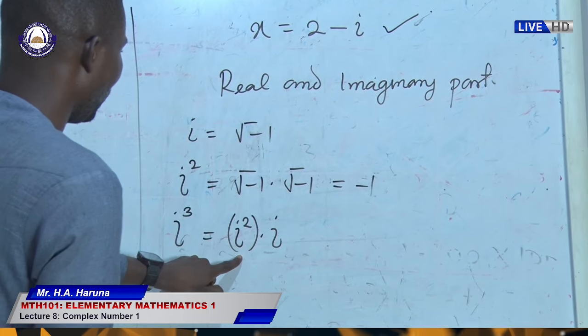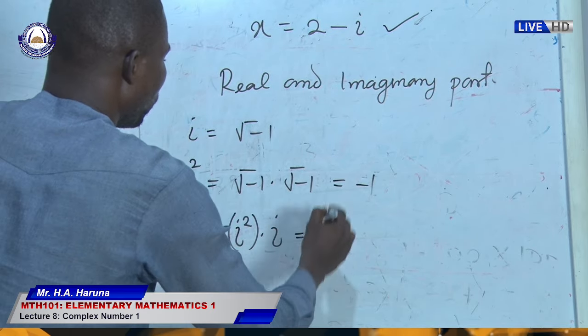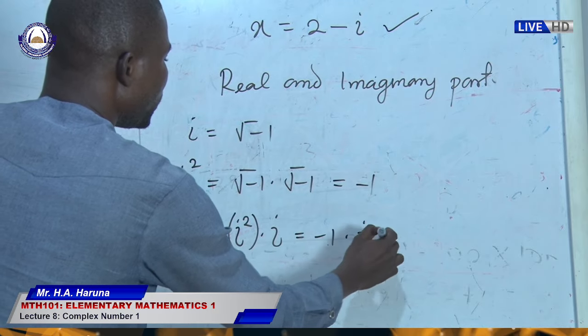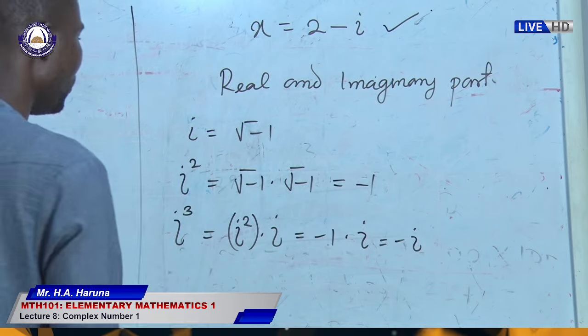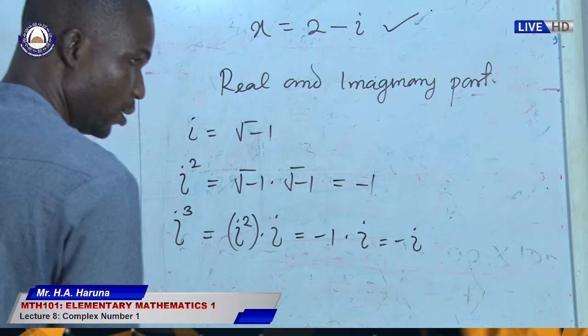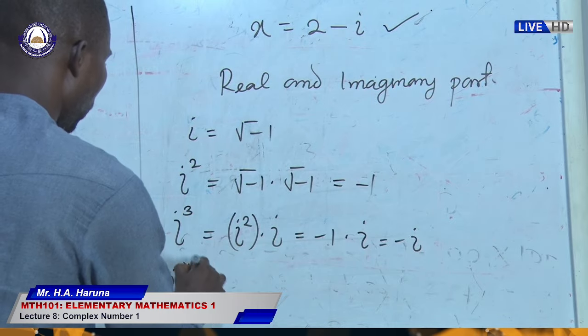In that case, we can say, what is our i squared? Negative 1 multiplied by i. So by the time we do this, we are going to have negative i. This is the power of a complex number. So you can keep on going to i raised to the power 4.